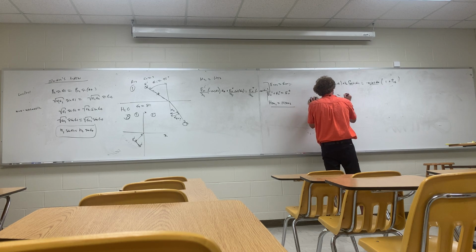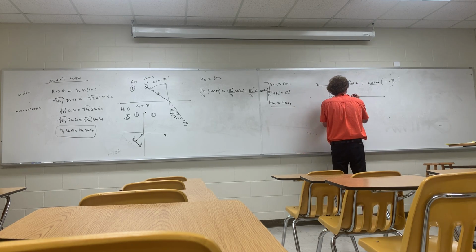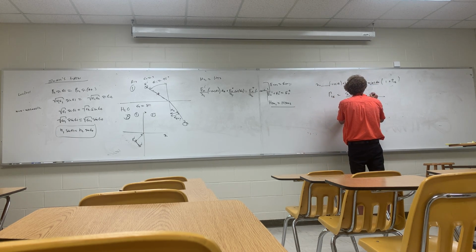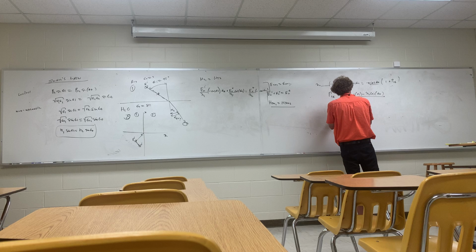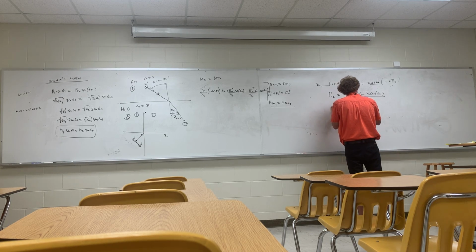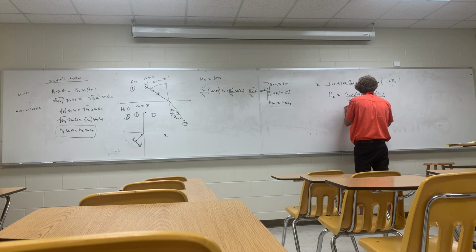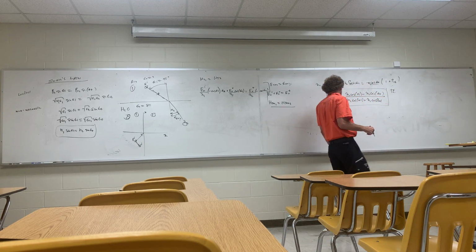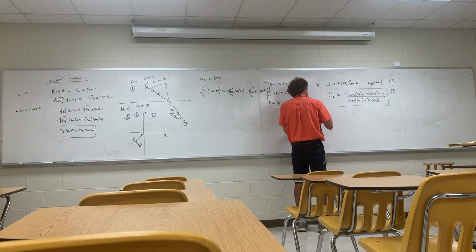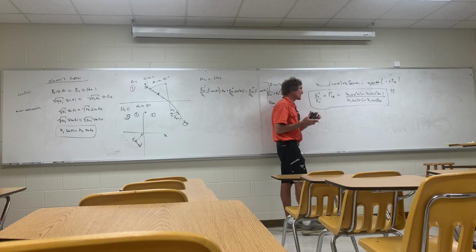You get the reflection coefficient equal to eta 2 times cosine of theta incident minus eta 1 times the cosine of theta transmitted, over eta 2 cosine of theta incident plus eta 1 times the cosine of theta transmitted. And that is the reflection coefficient for a TE wave. And the reflection coefficient, by the way, is equal to the ratio of the reflected field over the incident field. So that's the reflection coefficient.